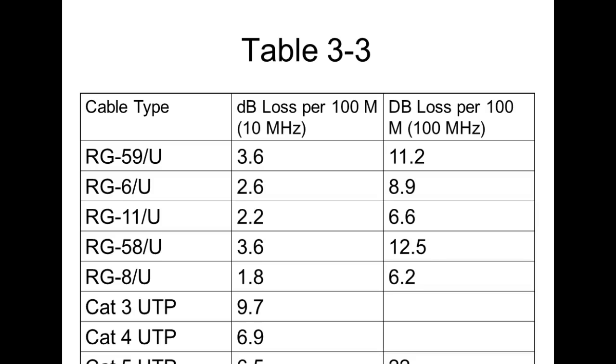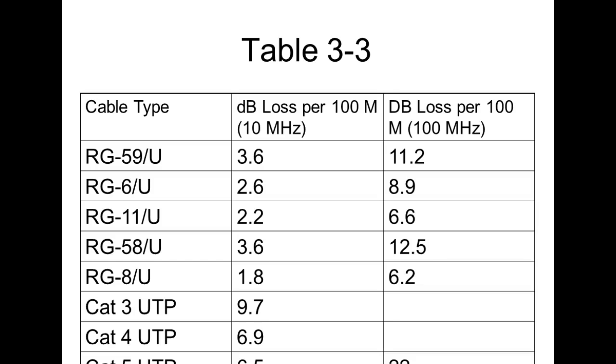But with dB, the bigger the number, the bigger the loss. So 11.2 dB would be more of a loss than 3.6. What they're saying is that at 100 megahertz, RG59 would only have a 3.6 dB loss over 100 meters.